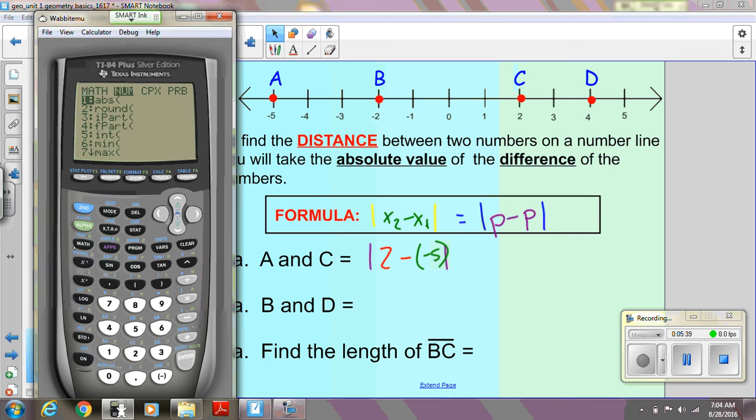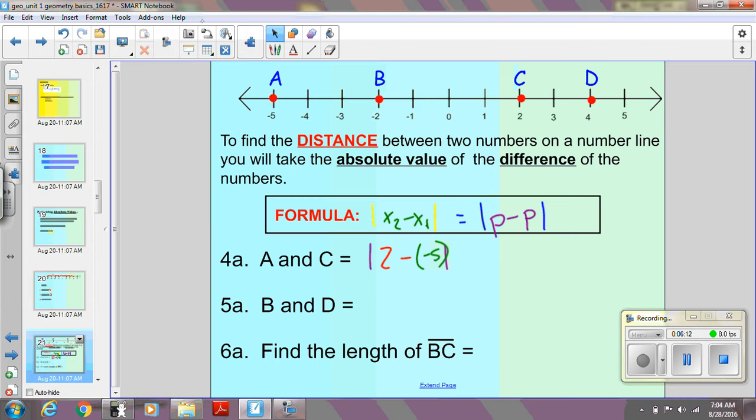So I hit math, the button underneath alpha, and then I arrowed over to num, and it's the first option, so hit 1. So there's our absolute value sign. And now all you need to do is type 2 minus, open parentheses, negative 5, close your parentheses, and hit enter. So the distance between A and C is 7.